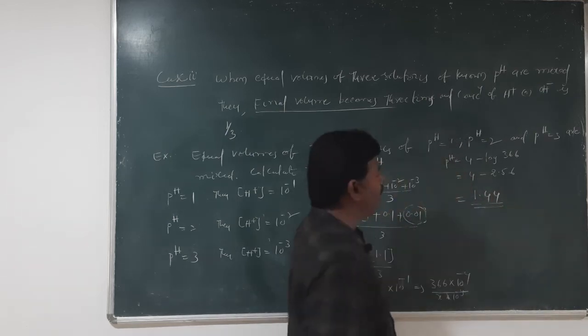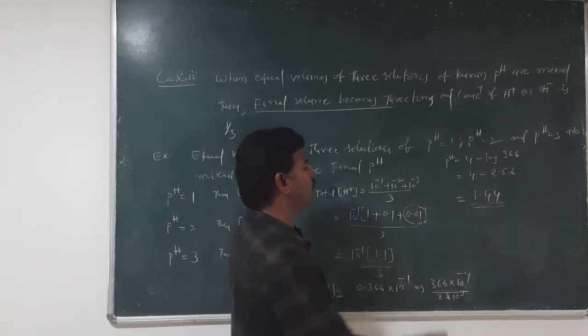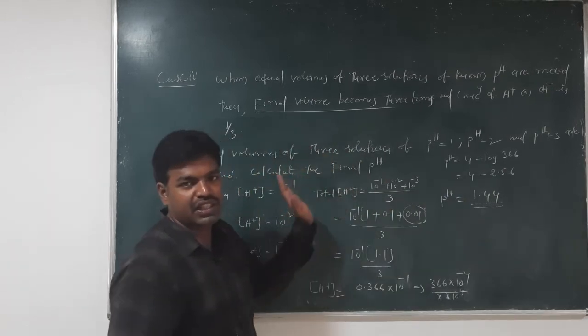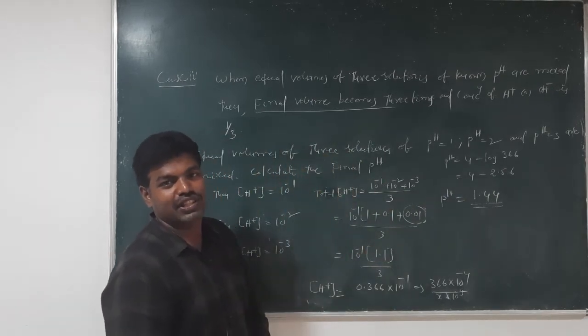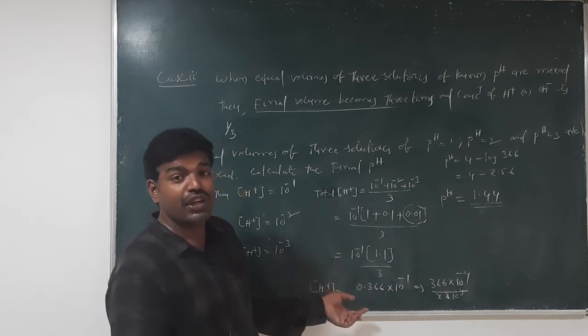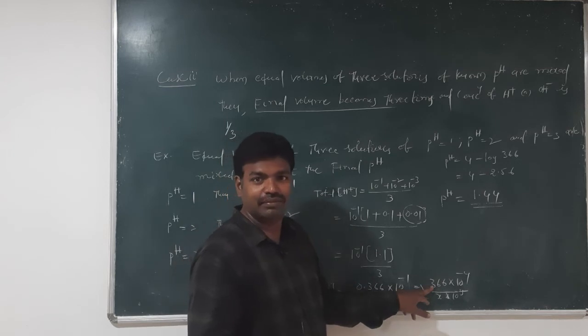So the final pH comes out to be 1.44. This is also a lengthy calculation, and for this calculation we need to know the logarithmic value of 366.